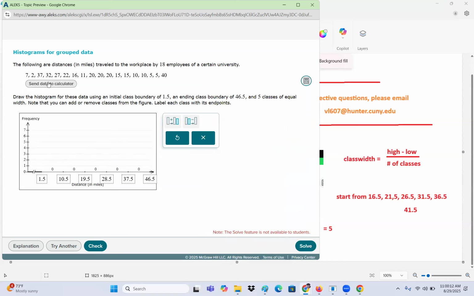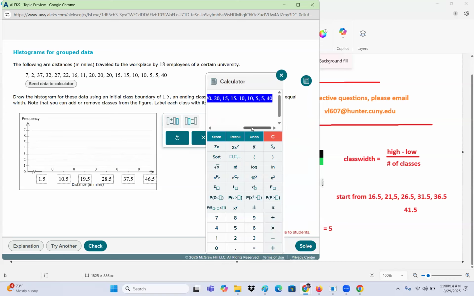The next step is you send the data to the calculator, and afterward you sort them, so we can see the number of data. Between 1.5 and 10.5, you get 1, 2, 3, 4, 5, 6 data points. So just drag up to 6.